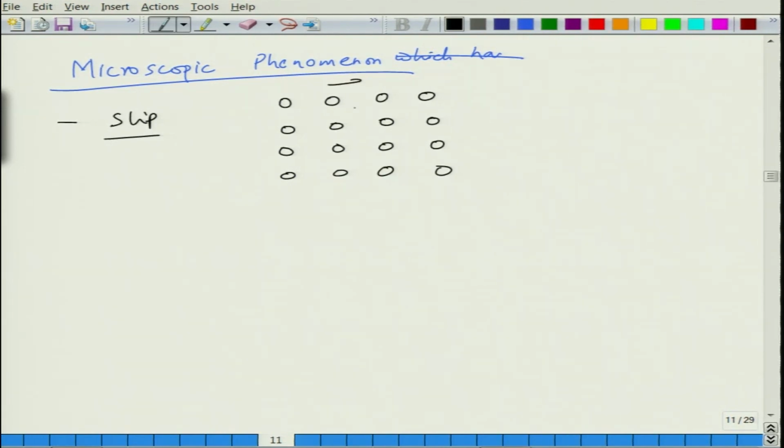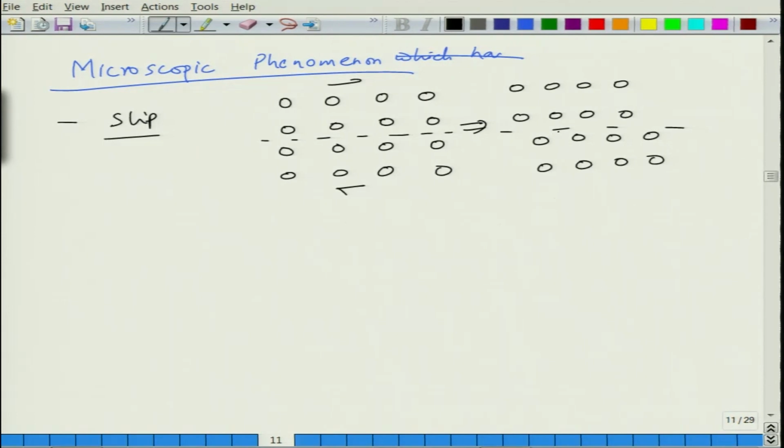And when we apply stress, this leads to the atoms slipping past each other. Without changing the crystal structure, the top part remains like this across this plane, the bottom part becomes like this.